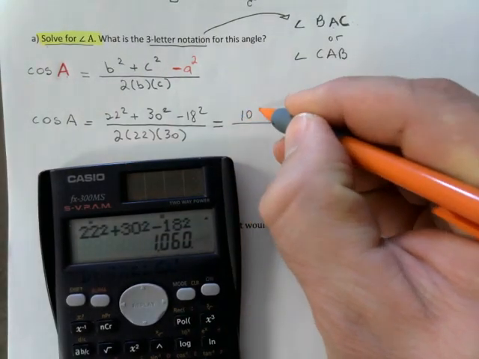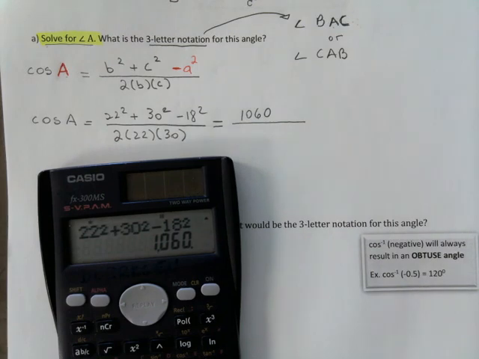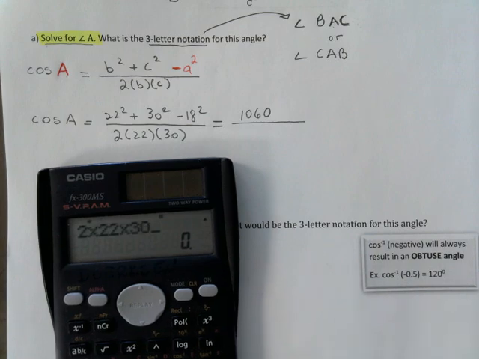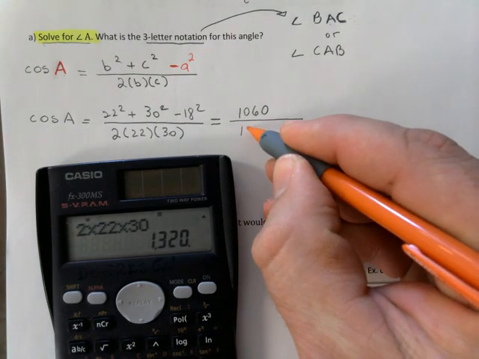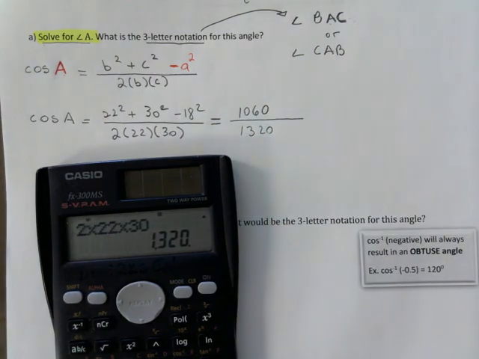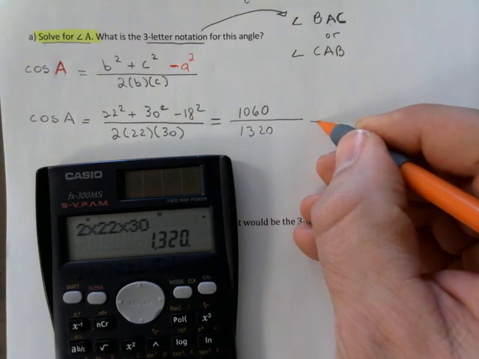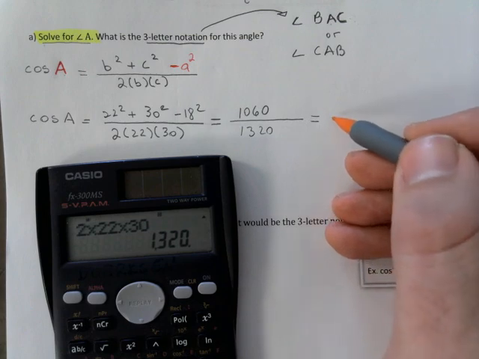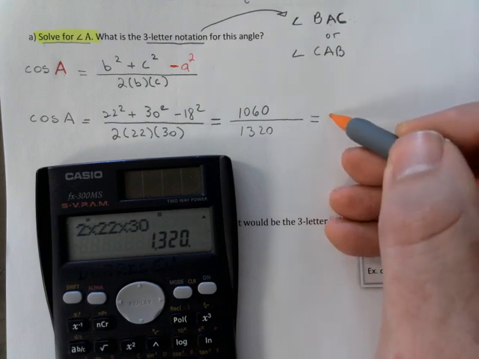You write that down. You clear your screen. Then you go 2 times 22 times 30. That's 1320. Got it? One more equal sign, and this better start with a 0 again.